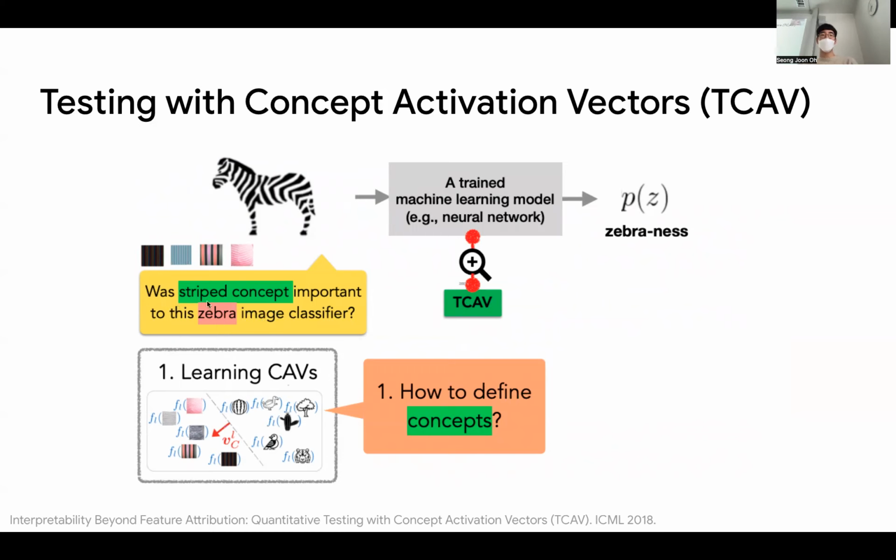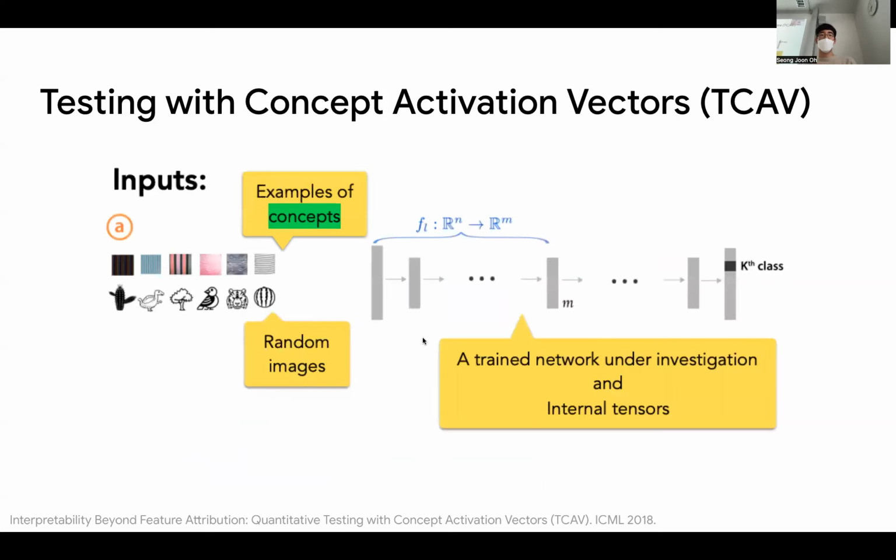Okay. And of course, this striped concept is not expressed in terms of superpixels or local, pixel-wise features. It's something that's globally encoded in the whole image. So how do we attribute back to these higher level concepts?